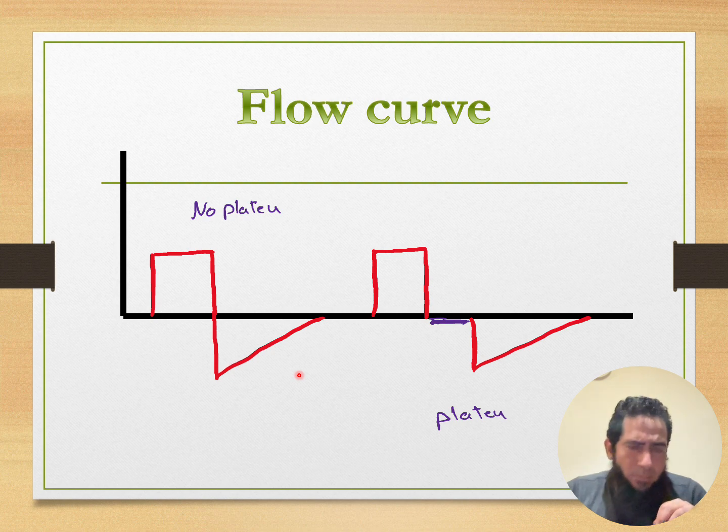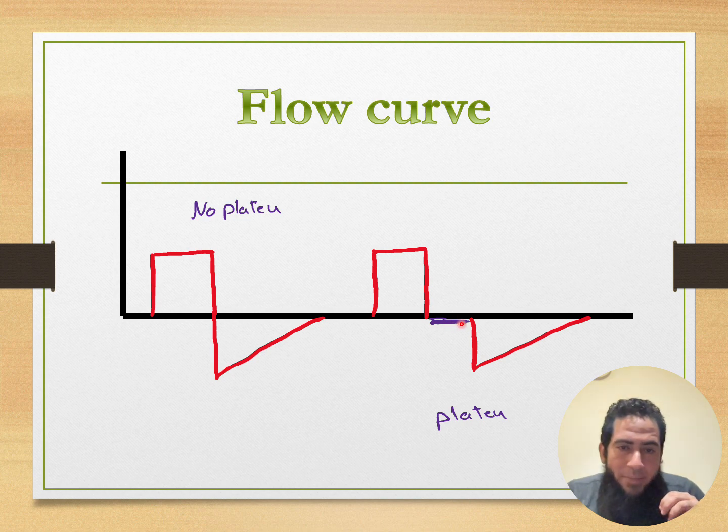So for example, if you put your patient on volume control mode, and the patient starts breathing in, the flow will go into the patient, will suddenly rise to a certain value, and will stay there for a while until the ventilator delivers the full volume, and it switches to exhalation or expiration.